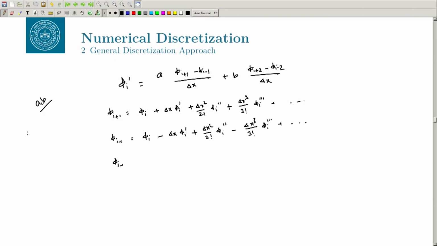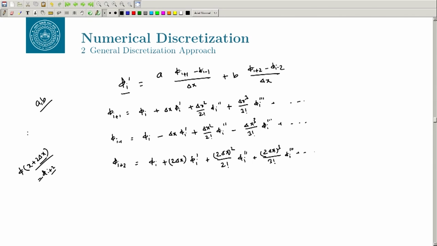And similarly, you have phi I plus 2. So, what is phi I plus 2? This is basically phi of x plus 2 delta x, right. So, if you expand it around x, you will have 2 delta x instead of delta x. We are expanding everything around I, so that is very important to remember. We want to get phi prime at I, so we need to expand everything around I. Phi I plus 2 is phi I plus 2 delta x phi prime plus 2 delta x square by factorial 2 phi I double prime plus 2 delta x cube by factorial 3 phi I triple prime, okay.